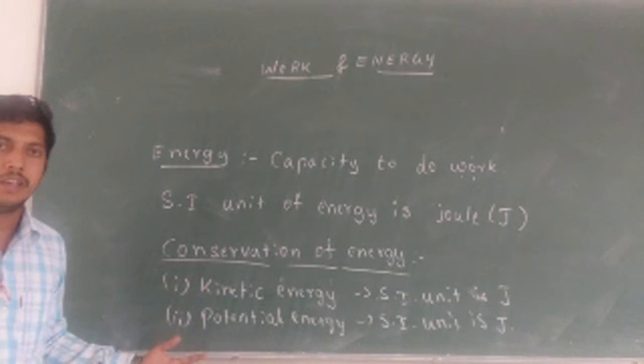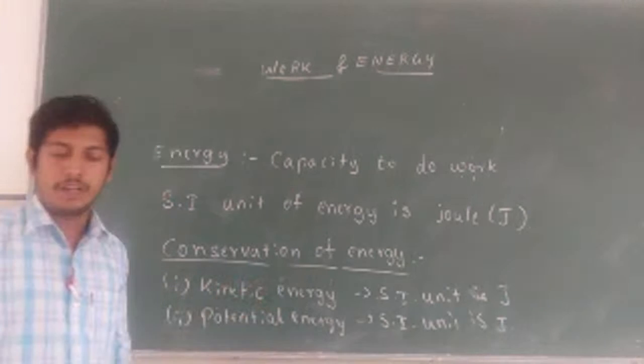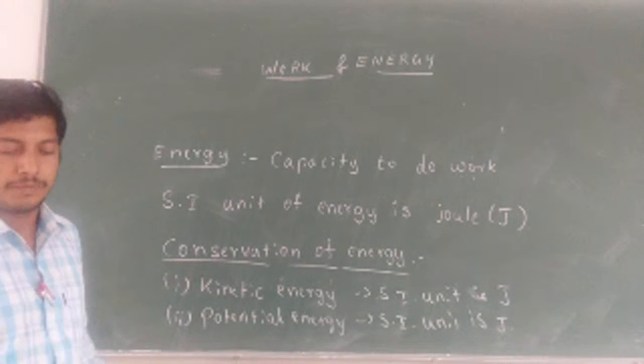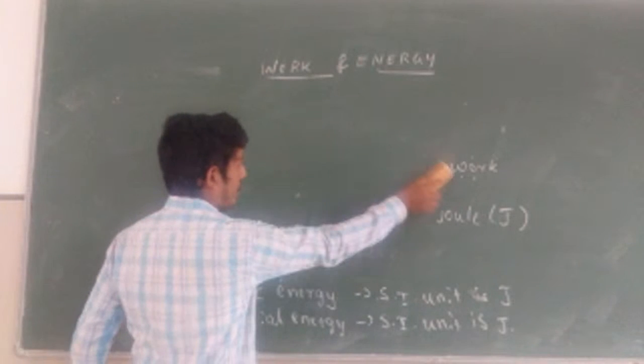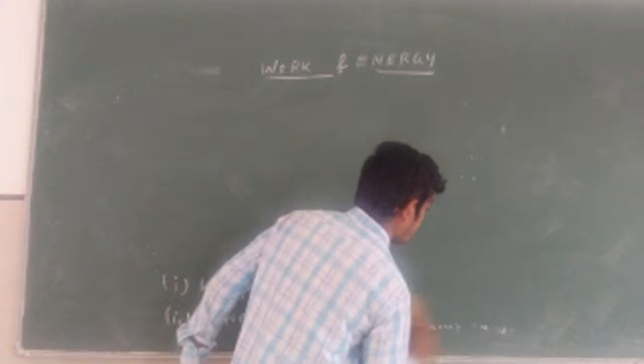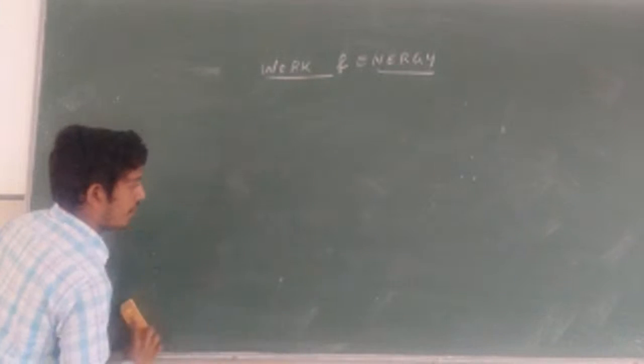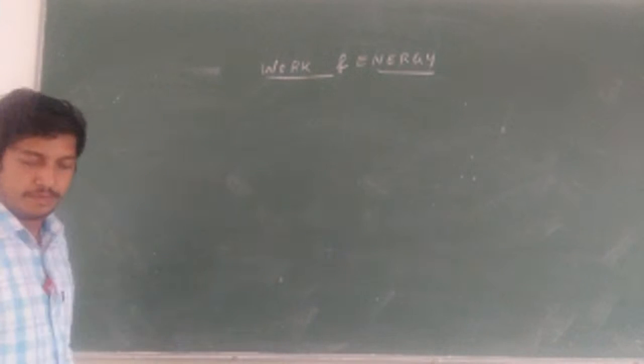So SI unit of kinetic energy is joule, SI unit of potential energy is also joule. Now the definition of kinetic energy and potential energy, first one, kinetic energy.